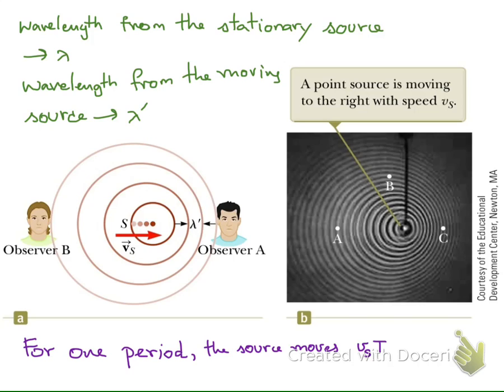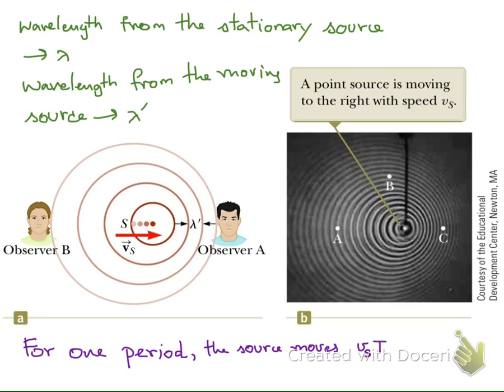So the wavelength that this observer sees, which is the distance between two adjacent wavefronts that have the same phase, will equal the wavelength from the stationary source minus the distance that the source moves during the generation of the next wavefront.